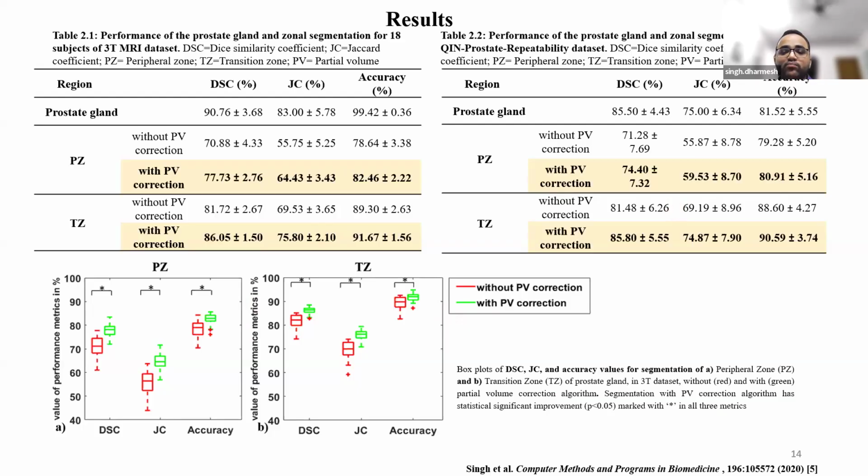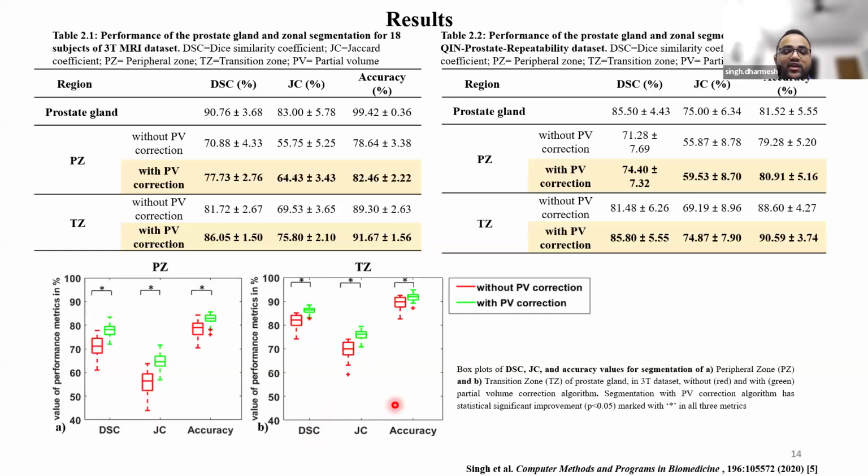You can see moderate performance, particularly in the peripheral zone, and when we apply the partial volume correction algorithm, it increases significantly for both datasets. The box plot also shows this very clearly: the red plots show the segmentation performance without PV correction, and the green plots show it with PV correction, across Dice, Jaccard coefficient, and accuracy.